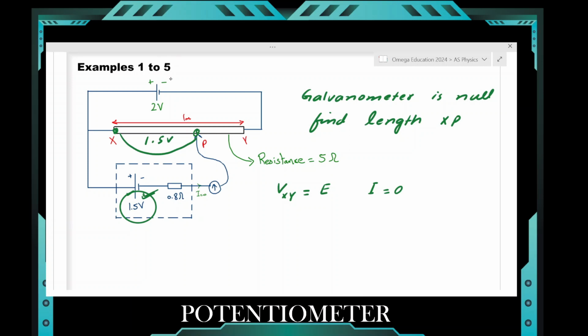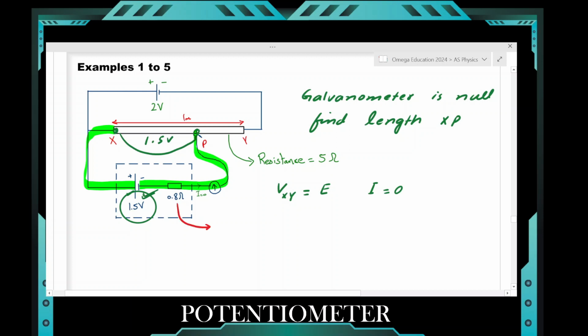If their left ends and their right ends are connected directly. Think about it. The left end of X is connected with the positive, the right end over there is connected to the negative.